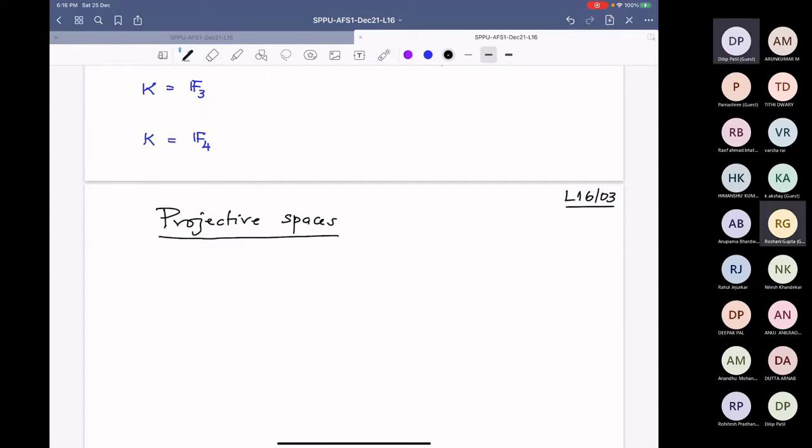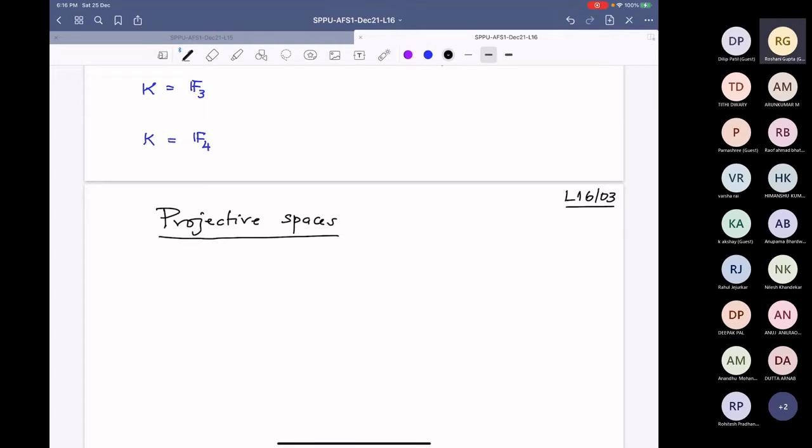Are you there? Yes, sir, I am there. And do you have exposure to projective spaces? A little bit, sir. I have solved a few problems related to this. All right. Then who else can I ask? Is Sonakshi there? Sonakshi is not there today. She is not there, sir. All right. Does anybody want to comment something which will enlighten me? Where will I start?